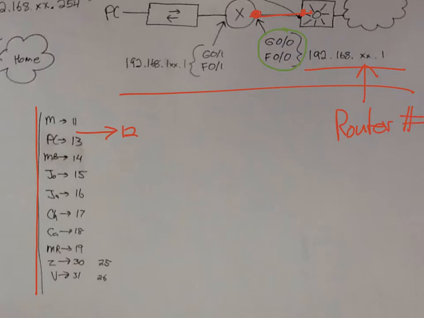So for example, Mariah is going to be using 11 for that one. And then your inside addresses are all listed with that 1. You're going to take the 1 and add your addressing. So let's just say Chris's: he'll use 117 for his inside address because he's router 17, and we're going to add that 1 in front of it. And it'll be one of those two interfaces depending on which router you have.